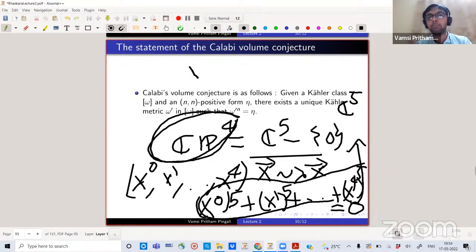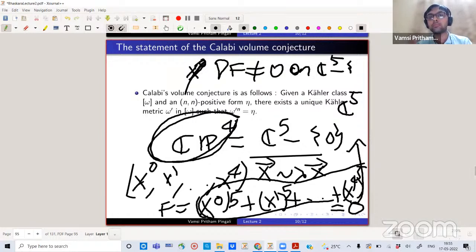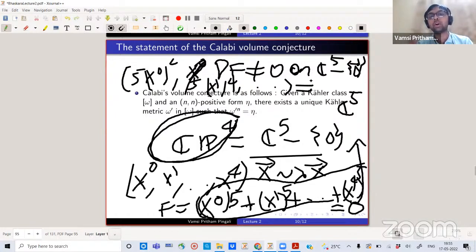And remember, we stated a theorem that guarantees that this will be a submanifold if you call this function f, if the gradient of f is not 0 on C5 minus the origin. And what's the gradient of this? It's simply 5x0 raised to 4, 5x1 raised to 4, and so on. And this is not 0 on C5 minus the origin.